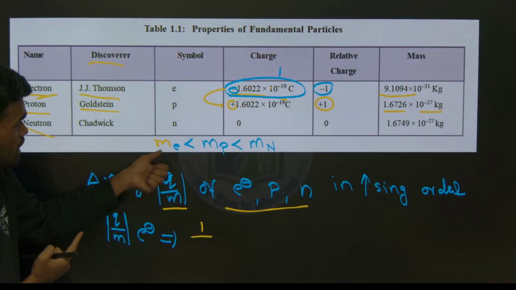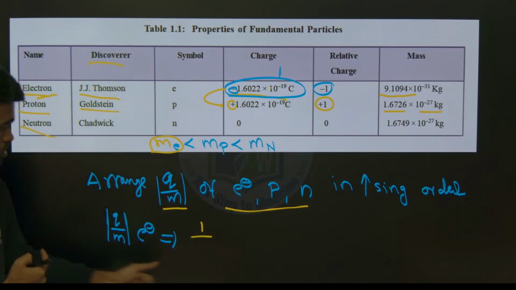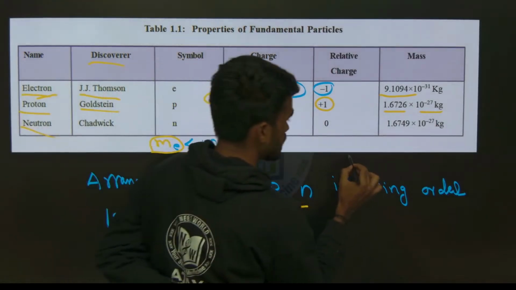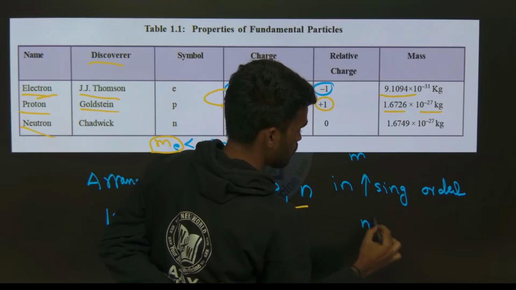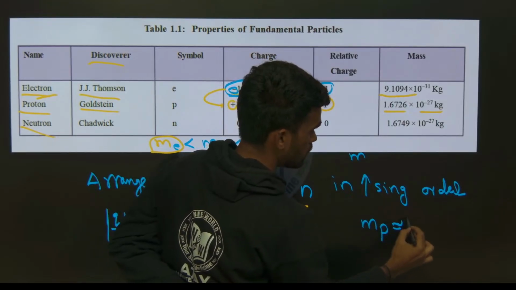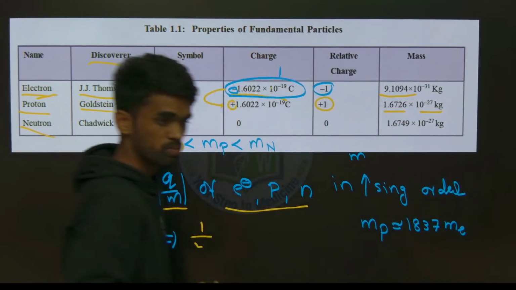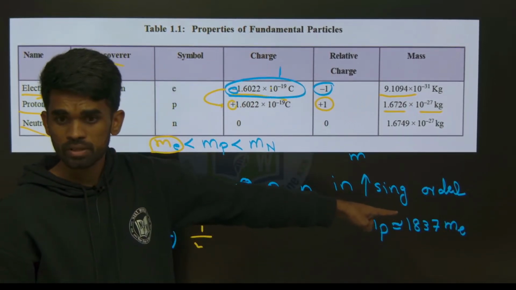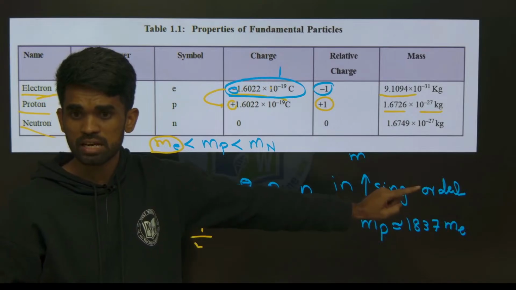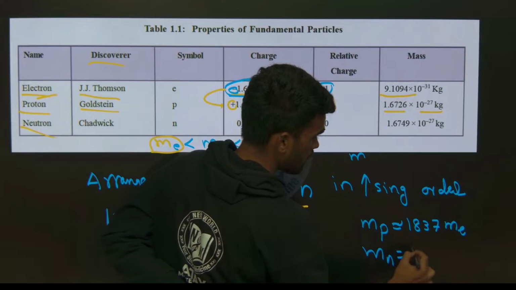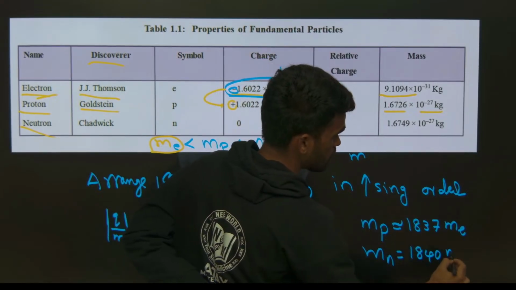Which is having minimum mass? If you want the exact value, mass of proton is around 1837 times the mass of electron. So mass of proton is how many times bigger? 1837 times the mass of electron. Next, mass of neutron will be 1840 times the mass of electron.